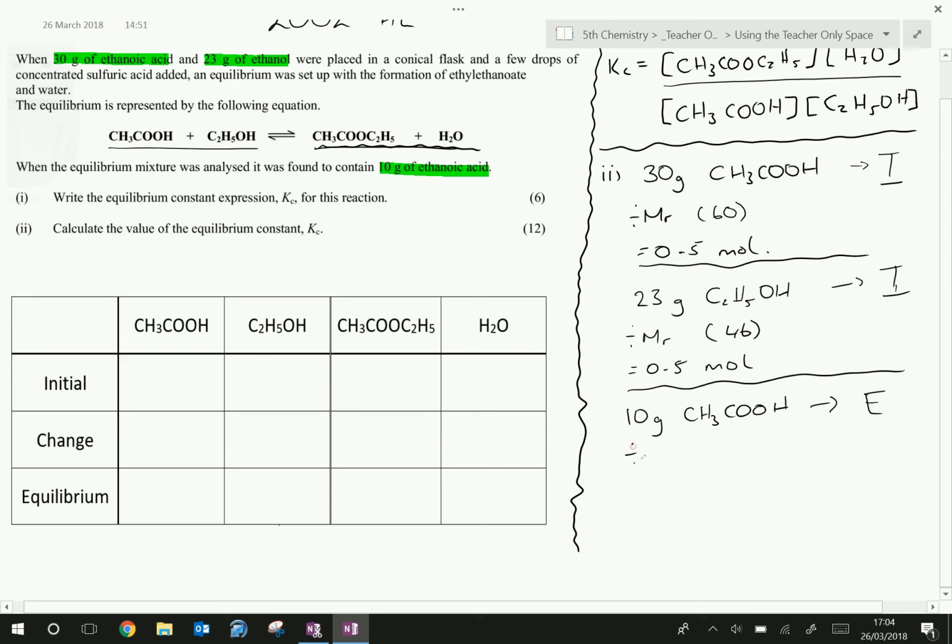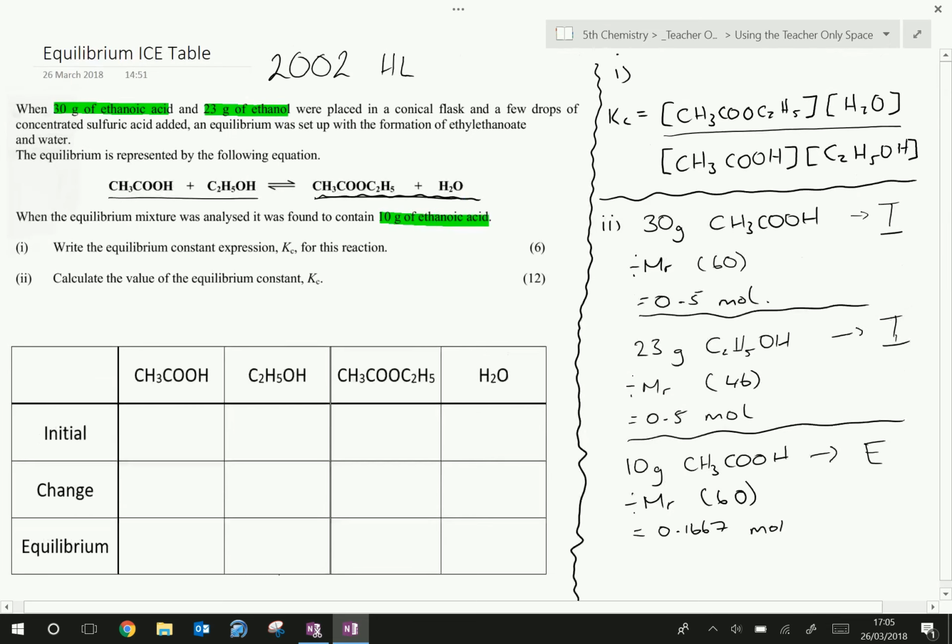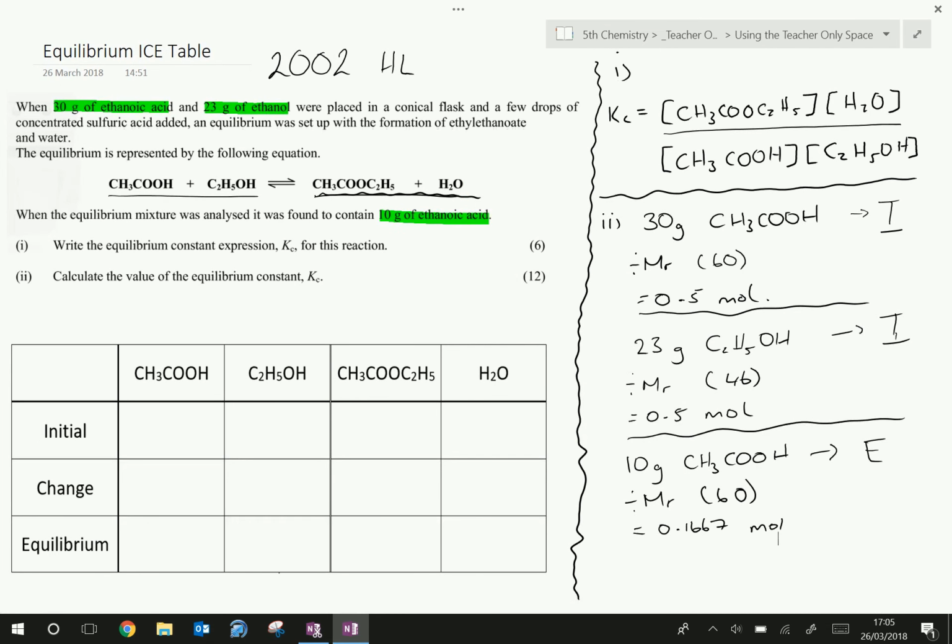So to turn that into moles, divide by the molecular mass again, and we know from above that it's 60. So if we divide 10 by 60, it's 0.1667 moles.